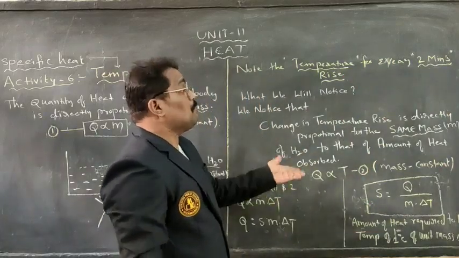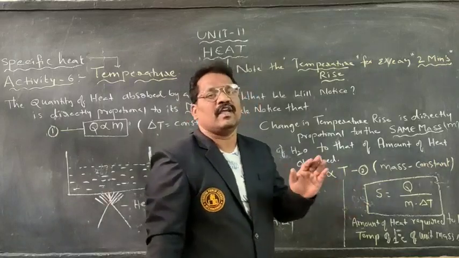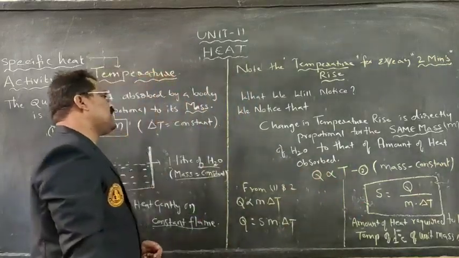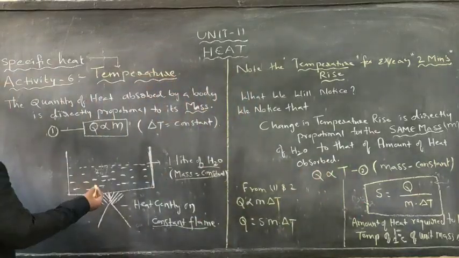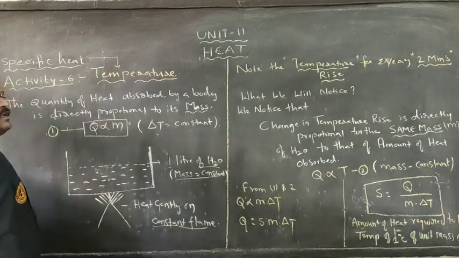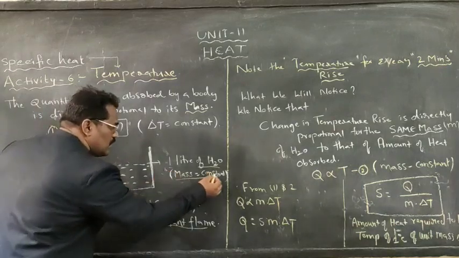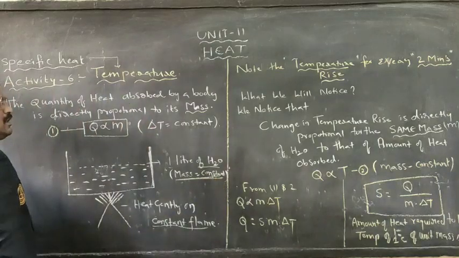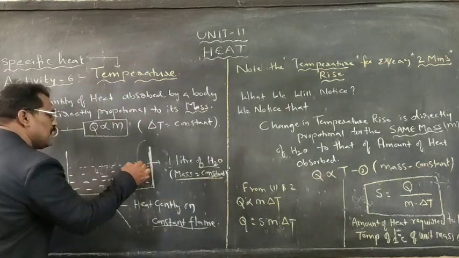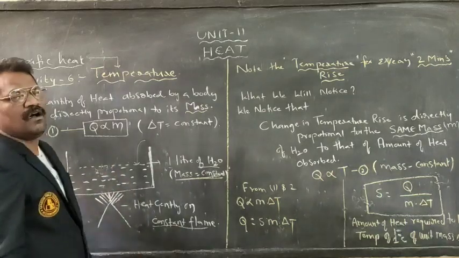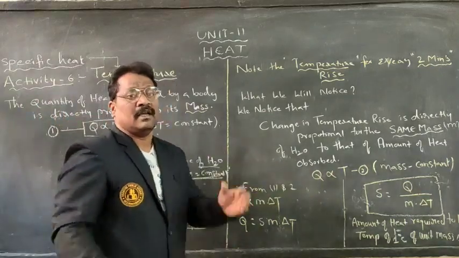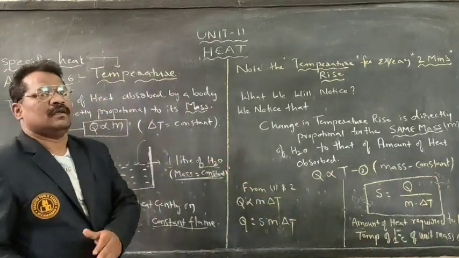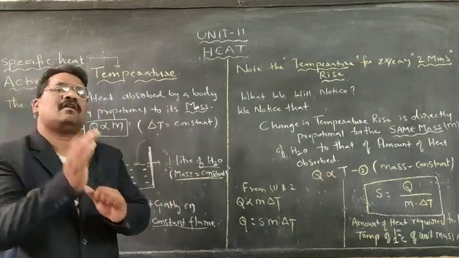We can say that the change in temperature rise is directly proportional to the heat absorbed by that same constant mass we have taken. Change in temperature means the temperature is rising or falling.